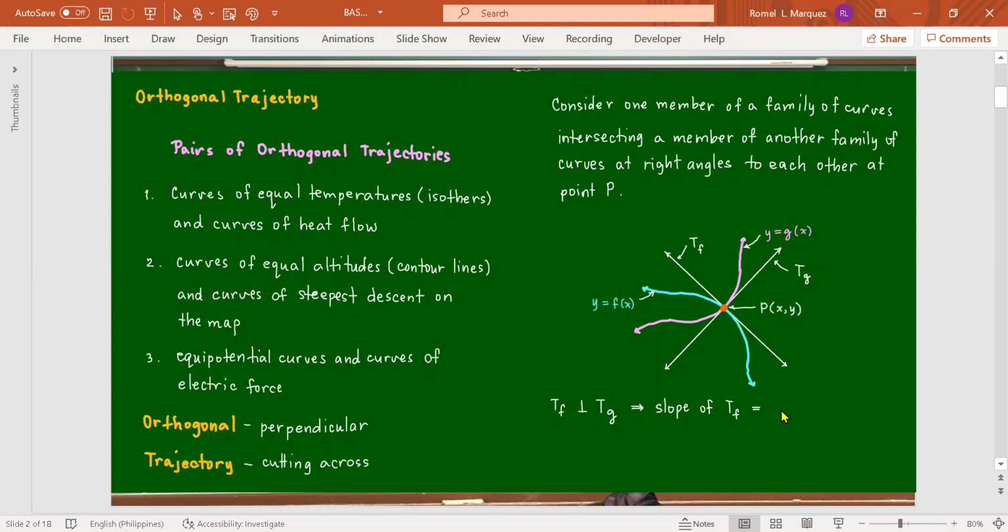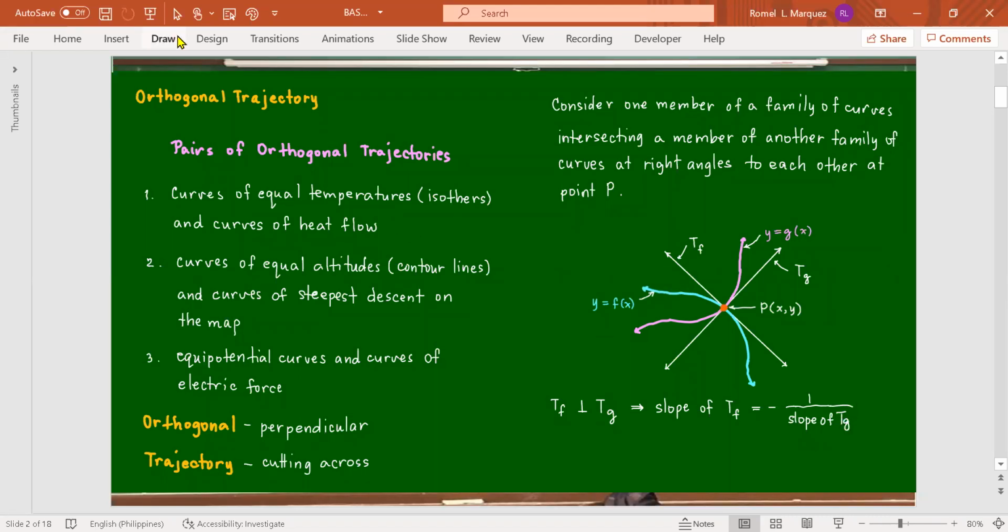So the slope of T_f is equal to the negative reciprocal of the slope of T_g.